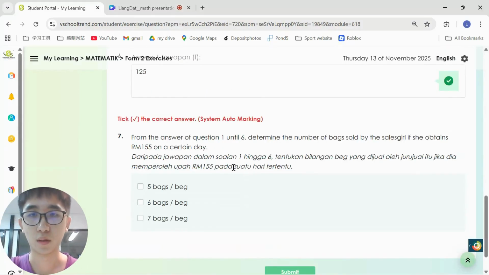Question 7 is about determining the number of bags sold by the sales girl if she obtains 155 on a certain day. How do we find the answer?